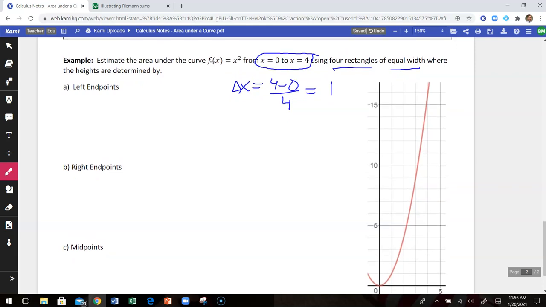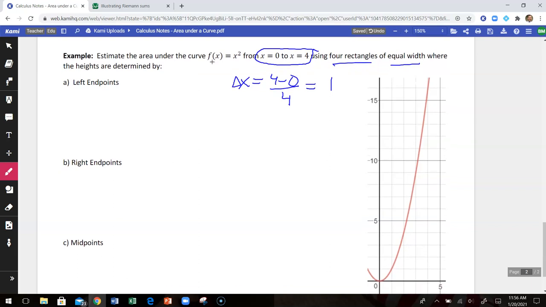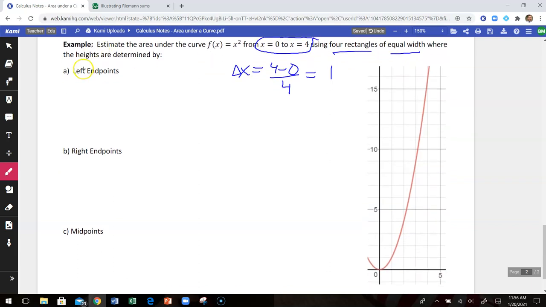Now, how do I determine the heights? That's going to be determined differently based on left, right, and midpoints. So, to help you visualize what's going on, my first rectangle would go from 0 to 1.